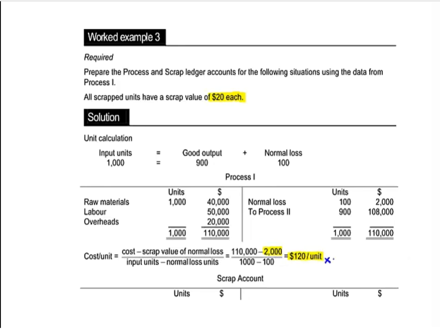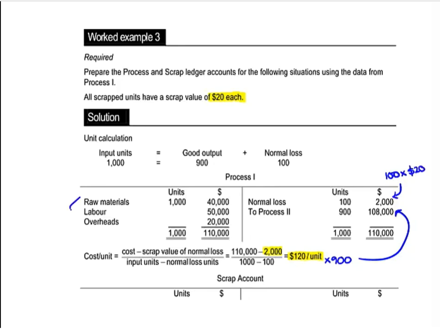If we multiply that cost per unit of $120 by the 900 units, we get to the 108,000 as the value of the good output transferred to process 2. And what we have here then is the value of the normal loss, so that's 100 units at the $20 each.